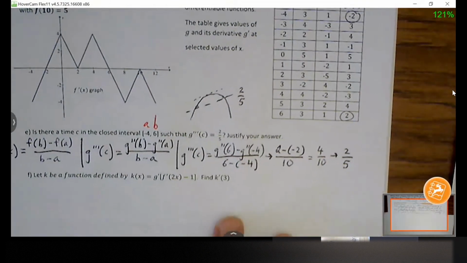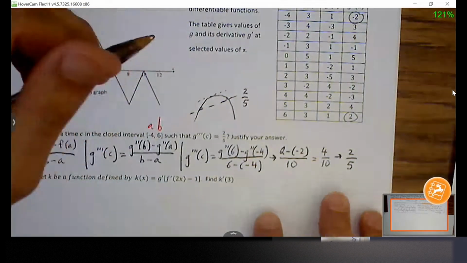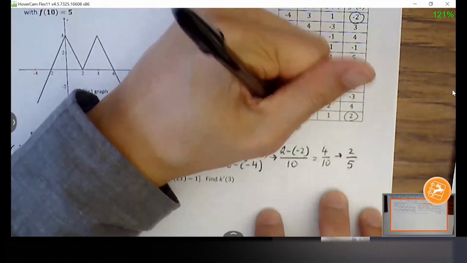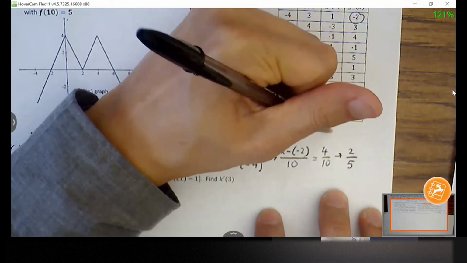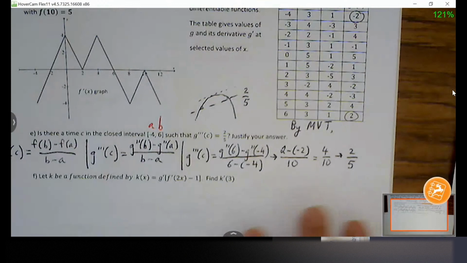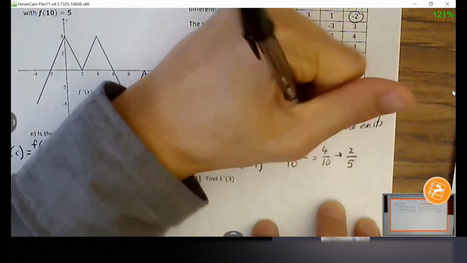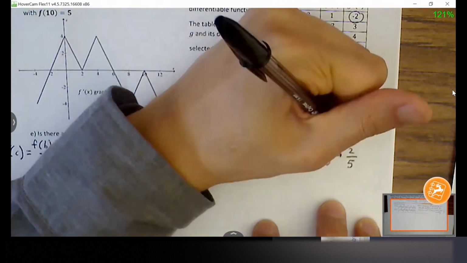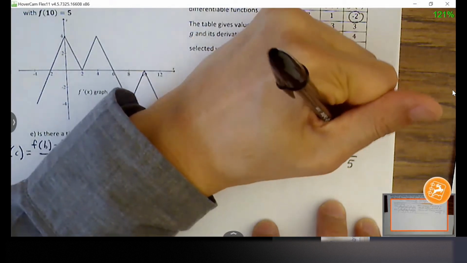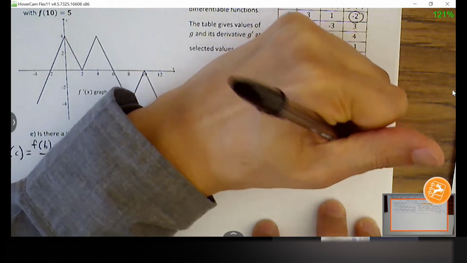So by mean value theorem, there exists a value where G triple prime is equal to 2/5.